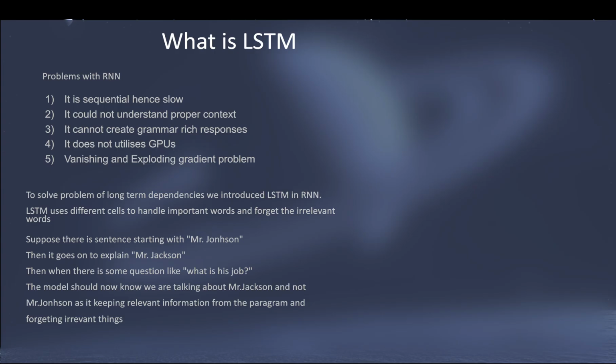It is not grammatically rich, because it can predict words properly, but it is not guaranteed that the output will make much sense or be properly generated. It is sequential, so it is not utilizing GPUs properly. And there is the vanishing and exploding gradient problem.